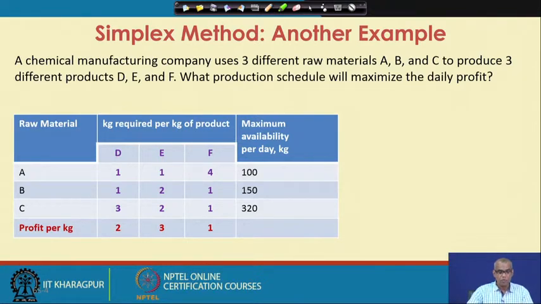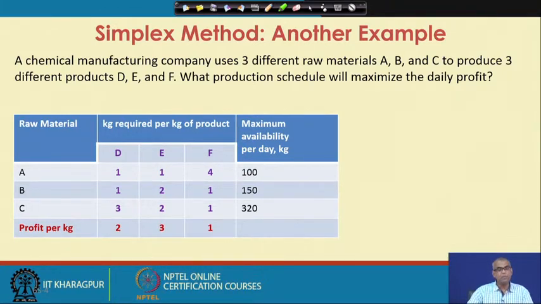Similarly, for E and F. This is a hypothetical situation, but we consider that this information is true and we will formulate the optimization problem so that we can get the optimal production schedule that will maximize the daily profit.